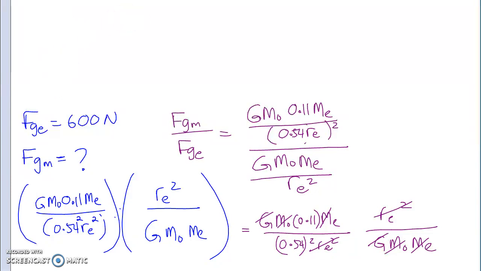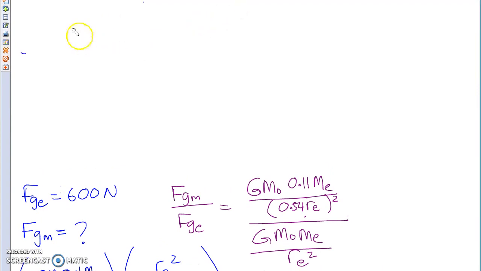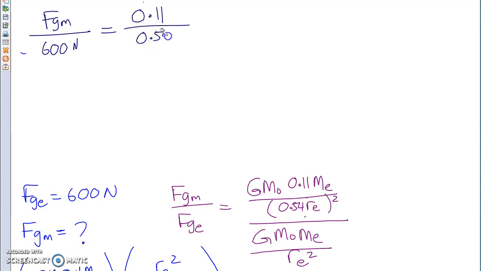Okay, can I move this up? Do we understand this so far? Okay, so I'm going to end up with the following. I'm going to have FGM divided by FGE, which was 600 newtons, which equals 0.11 divided by 0.54 squared.